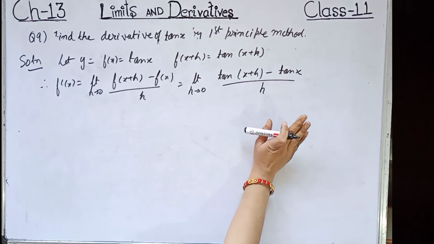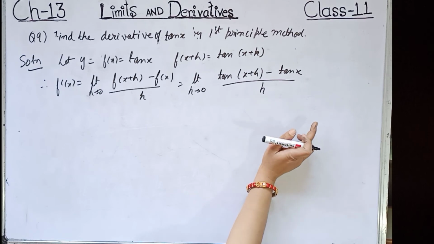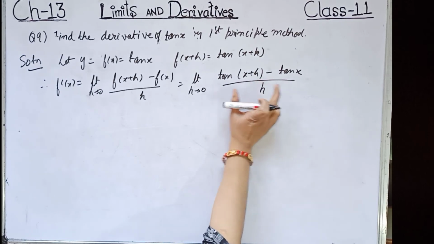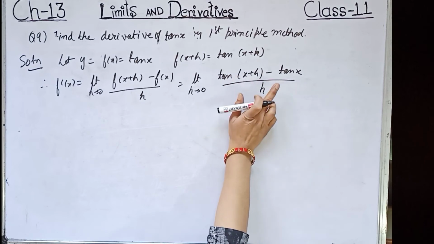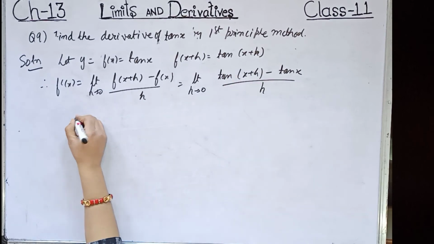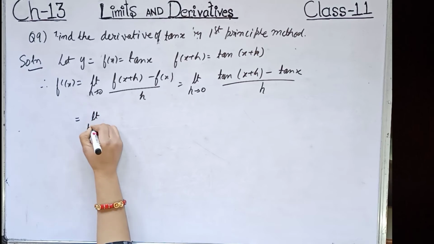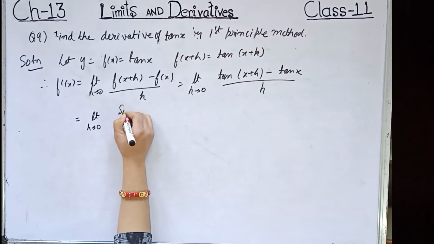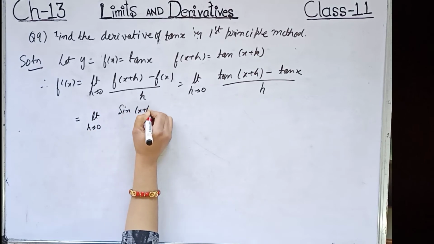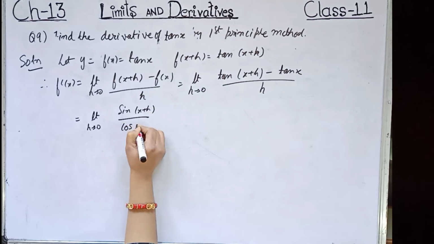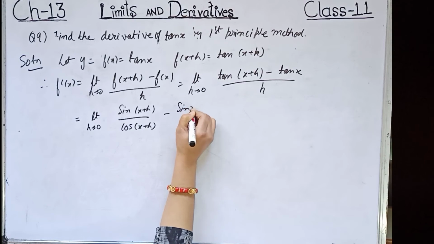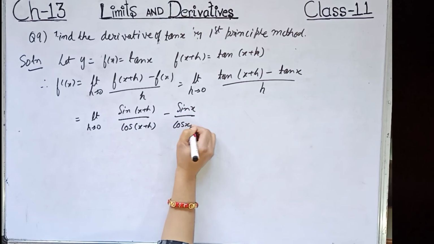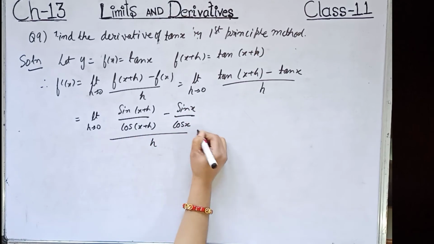Now we have the formula for tan of x minus y, but over here the tan x minus tan y formula we don't have. So we will be reducing tan to sin by cos. So we can write this as limit h tending to 0 sin of x plus h divided by cos of x plus h, minus sin x by cos x, divided by h.